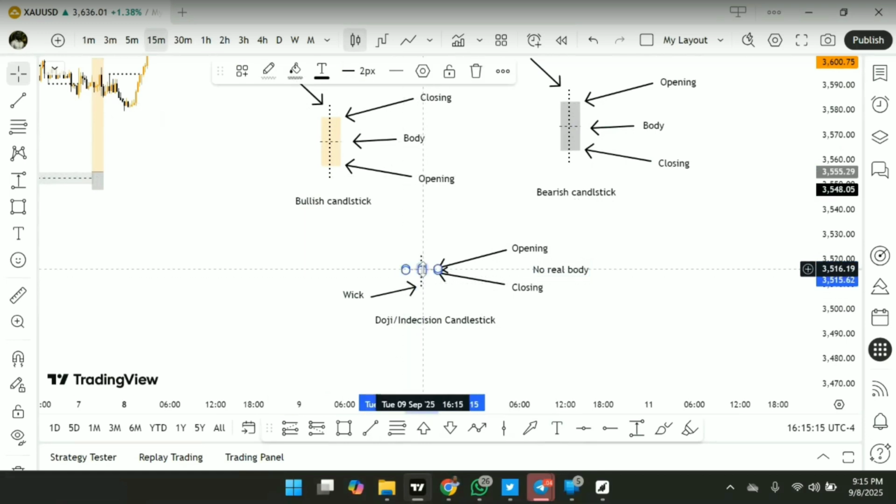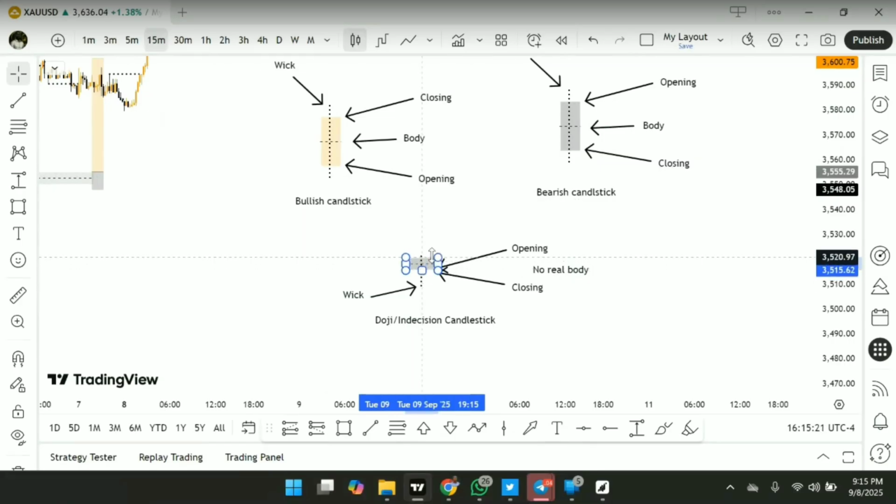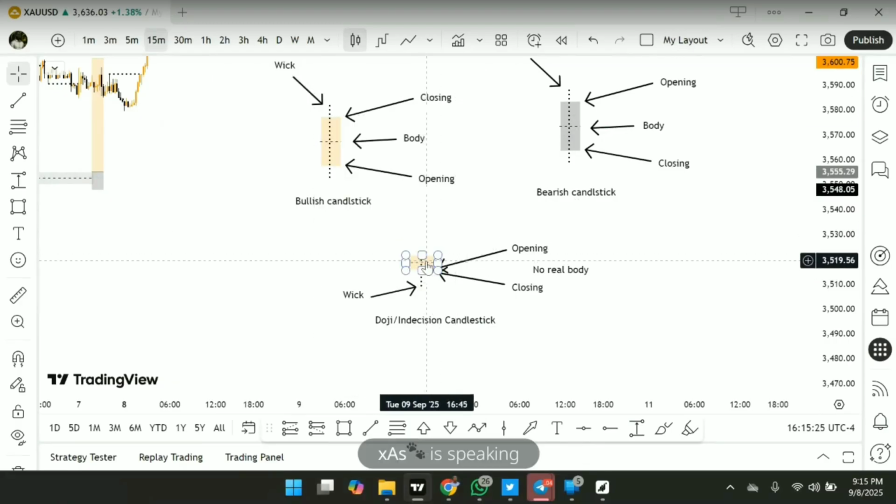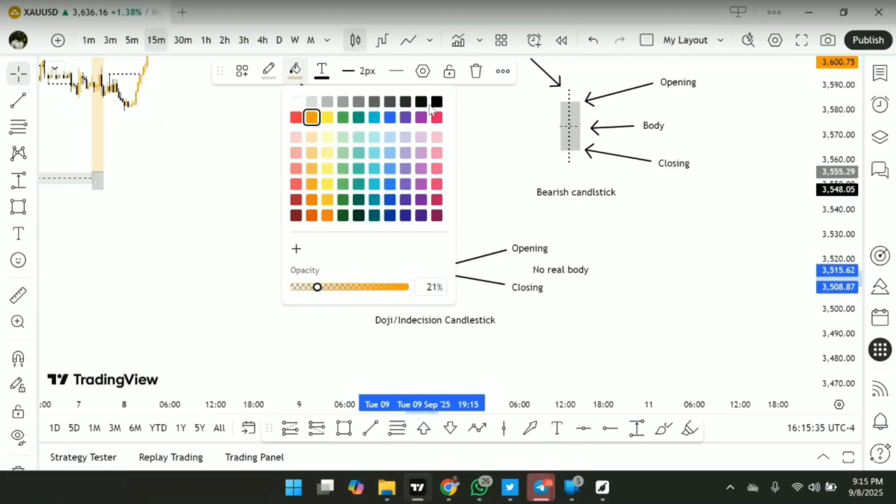When this candlestick was forming, let's say it opens from here, buyers came in and pushed it to this level, forming a bullish candlestick at some point. The sellers now came down, no, we're not okay with this price. They pushed it from that top all the way down, giving us a bearish candlestick.